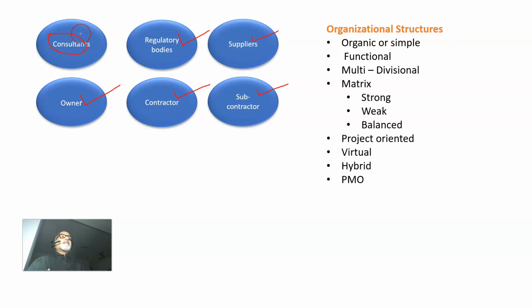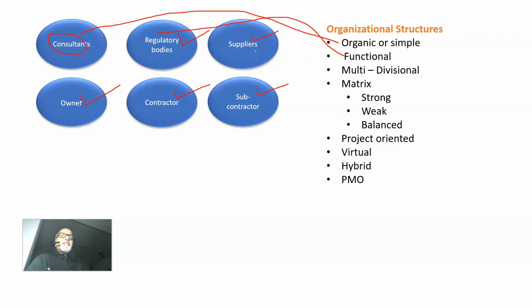Consulting companies generally have a very flat kind of organization structure, or startup companies, they have a very flat organization structure. So they belong to these organic or simple structures. Regulatory bodies also, sometimes if it is a large organization, very often it can be either functional or organic.